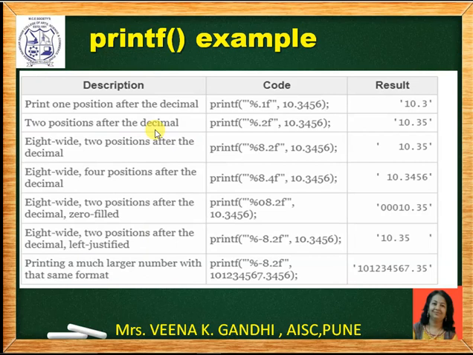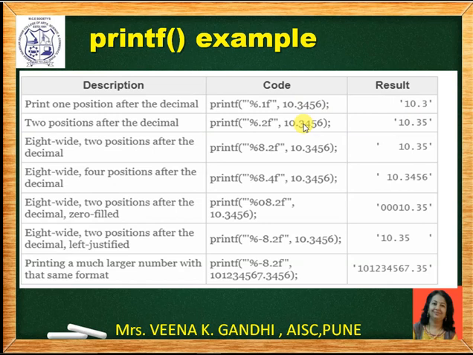Let us see one more printf example to print floating point numbers. First, if you want to print one position after the decimal point, you can give %.1f, precision .1f, which means it will display only one digit after the decimal point. Now here the number is 10.3456, so in the output it will display only one digit after the decimal point, that is 10.3.